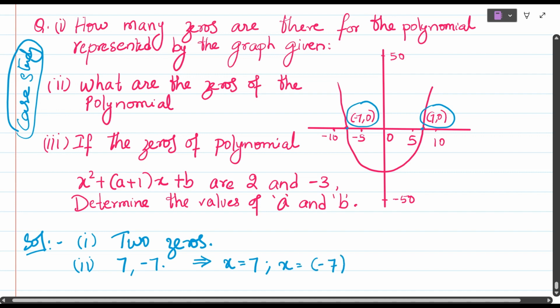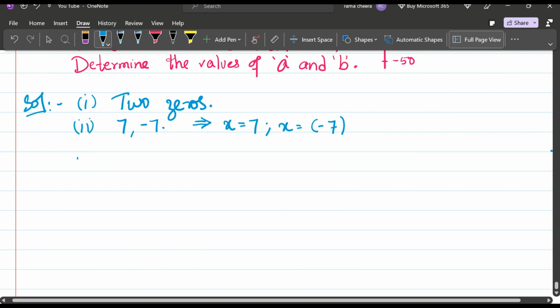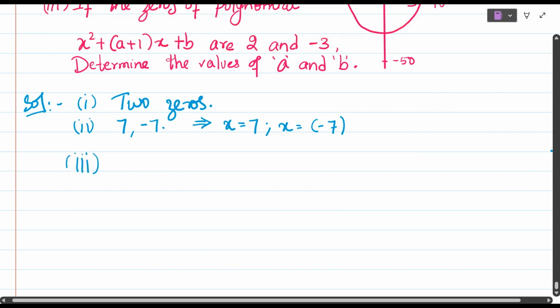Did you understand, students? Now coming to third bit, students. So here they have given the polynomial p of x is equal to x square plus (a plus 1) x plus b. Okay. So immediately write down the standard form ax square plus bx plus c and write down the coefficients.